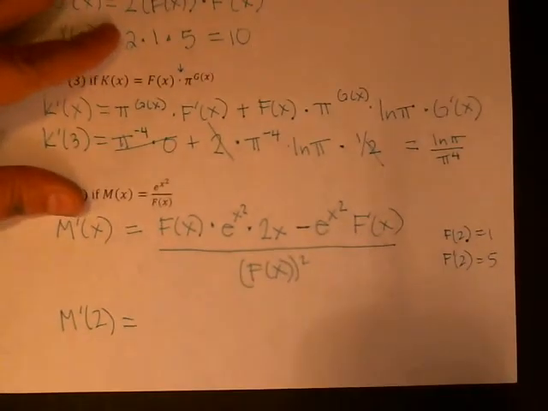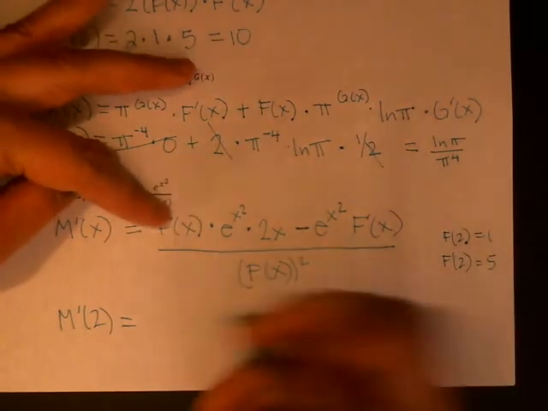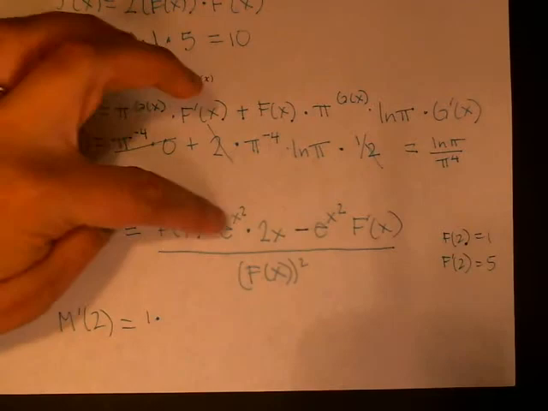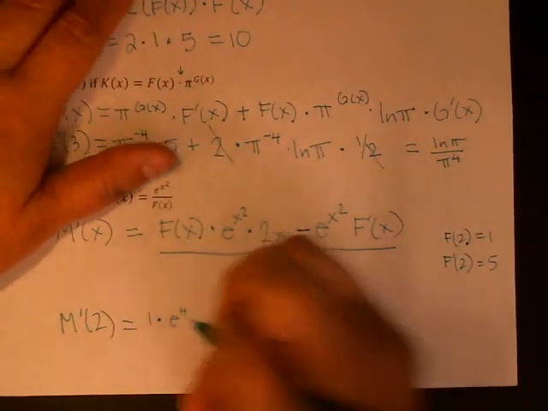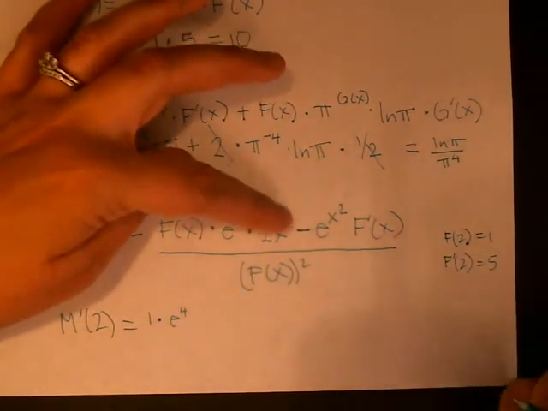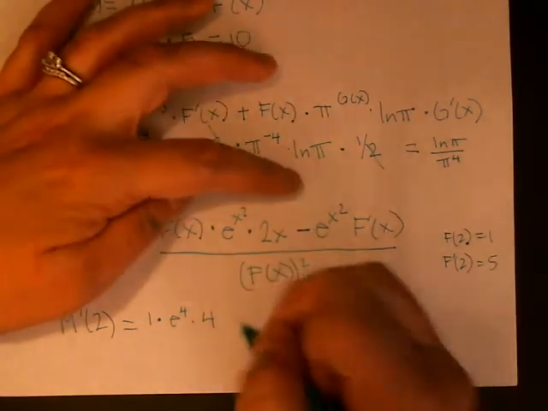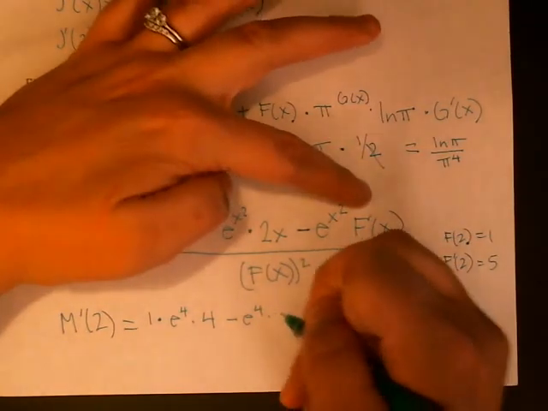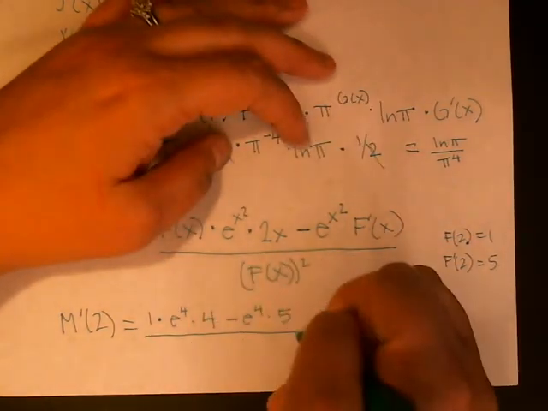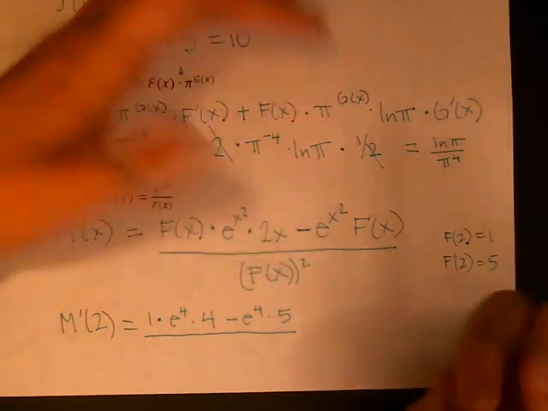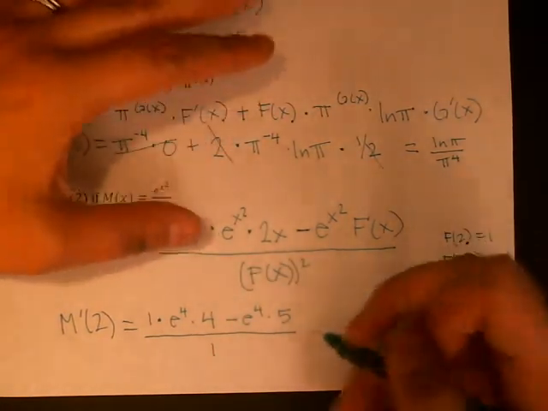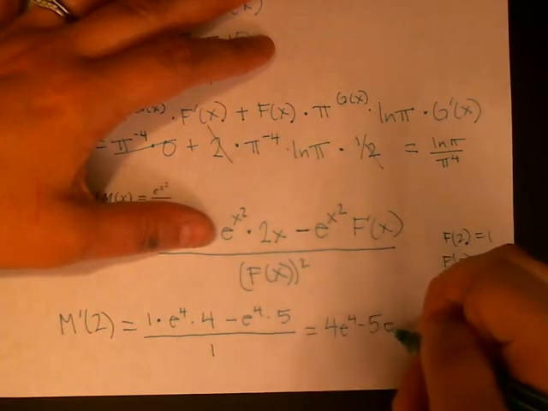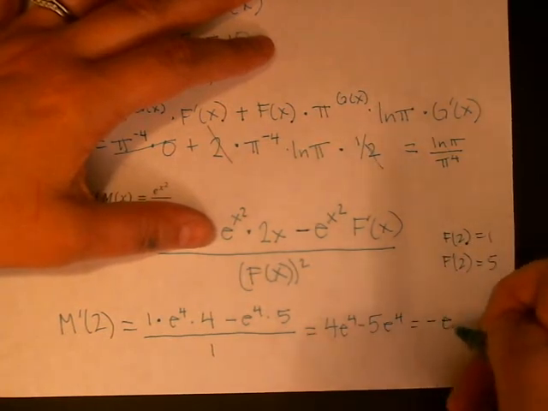So when I'm walking through all this mess, f of 2 is 1, so this is 1 times e, remember x is what's being replaced by 2, so this is e to the 4, and then multiplied by 2 times 2, which is 4, minus e to the 4 times f prime of 2, which is 5, all over f of 2 squared. 1 squared is just 1. Okay, so I see a 4e to the 4 minus a 5e to the 4, which is a negative e to the 4.